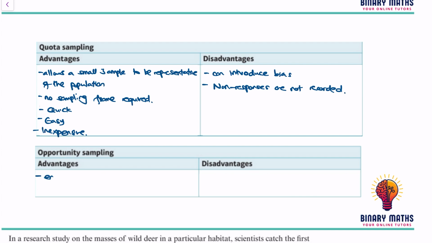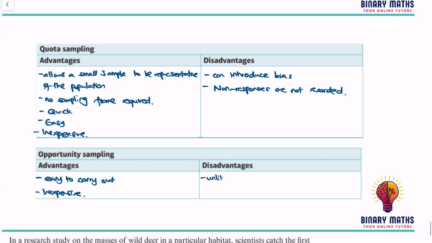Opportunity sampling is easy to carry out and inexpensive. And disadvantage would be unlikely to produce a representative sample.